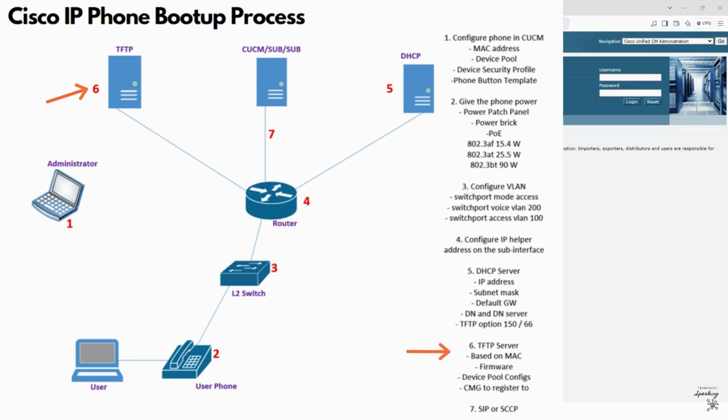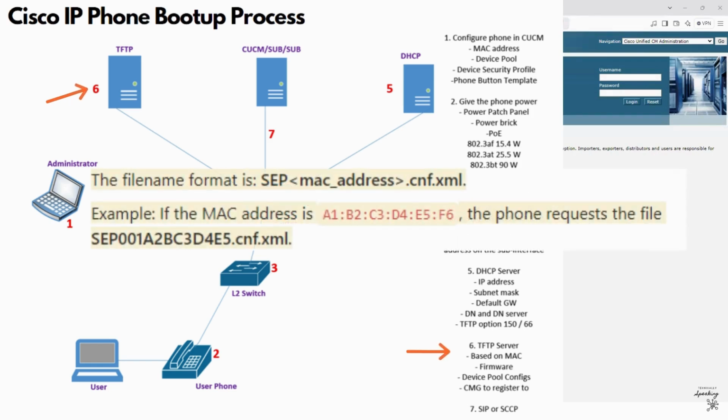Now, some of the key components of this TFTP process, and TFTP is Trivial File Transfer Protocol, is one, configuration files. Each IP phone downloads a configuration file uniquely tied to its MAC address. The file name format is SEP, and then the MAC address, .cnf.xml.